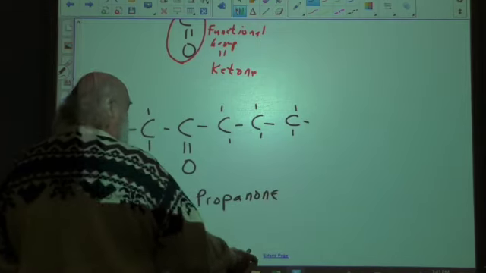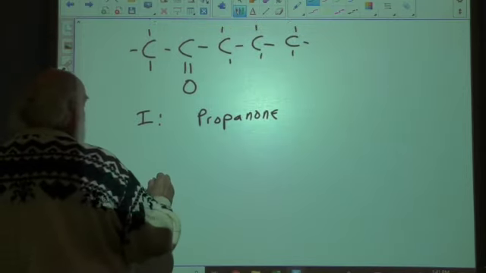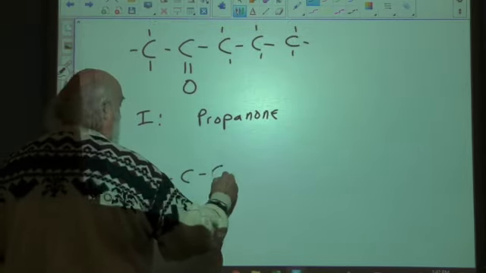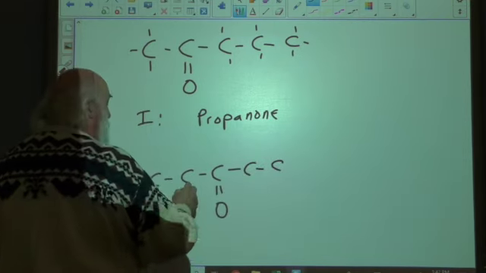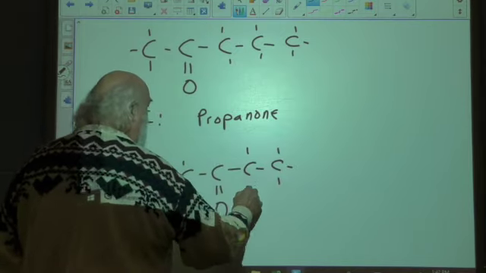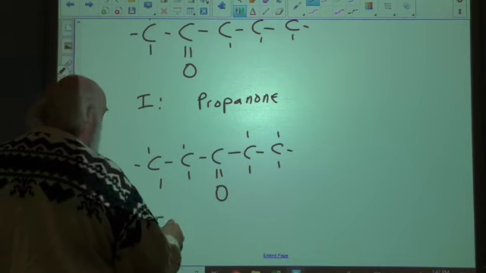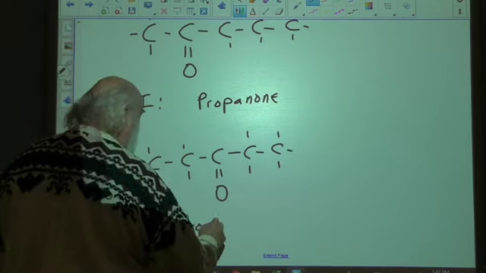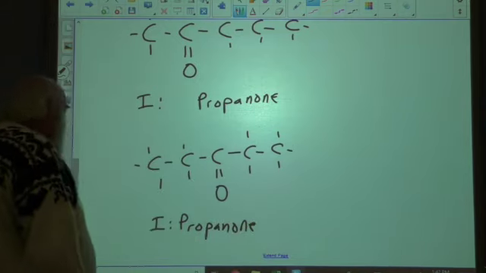But, and there's always that big but, trust me, I know. You can have the double bond option right there as well. And this is also pentanone. Well, holy macaroni, what are we going to do?